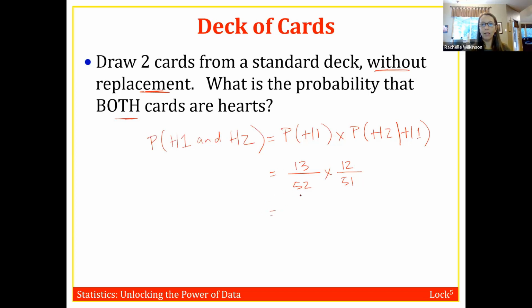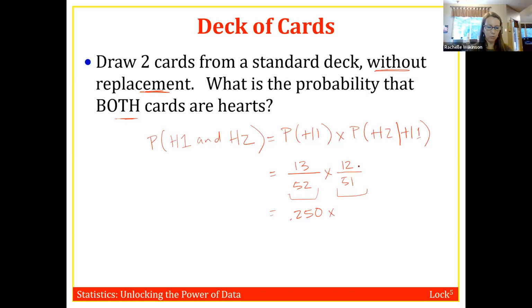And you could do it however you want because it's a multiplication problem. You can multiply the numerators and the denominators, then divide, or you can multiply each of these individual values and then multiply those together. So I think that's what I'm going to do. I'm going to take 13 over 52, which is 0.250, because remember, when we started with a fresh deck, a quarter of the deck was hearts.